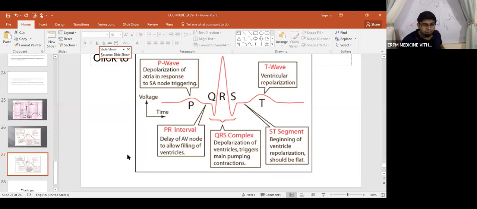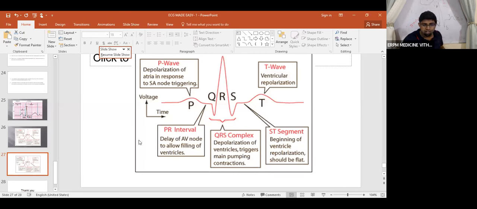Now, what does the QRS indicate? When the current comes to the ventricles, from the His bundle and Purkinje fibers, your ventricle will depolarize.